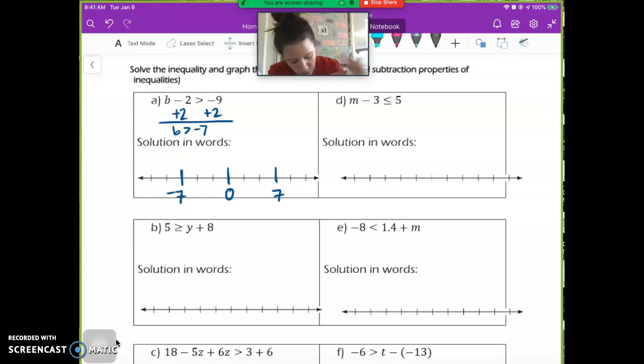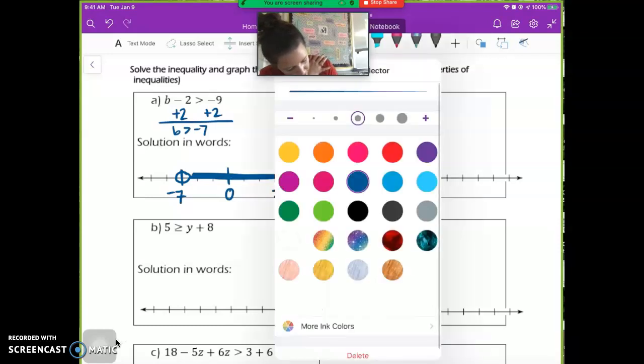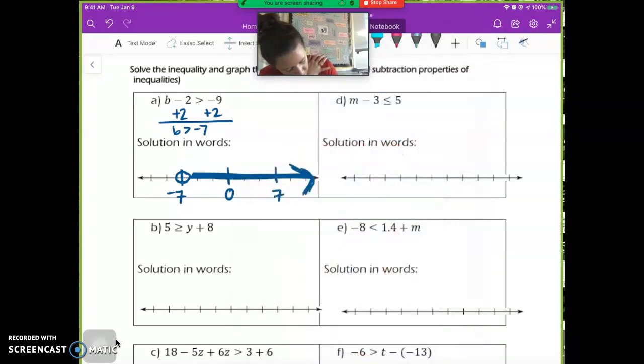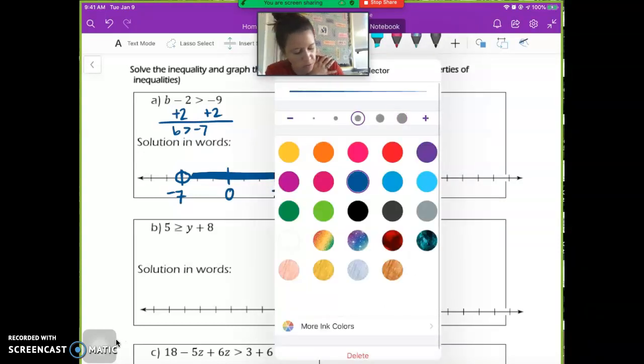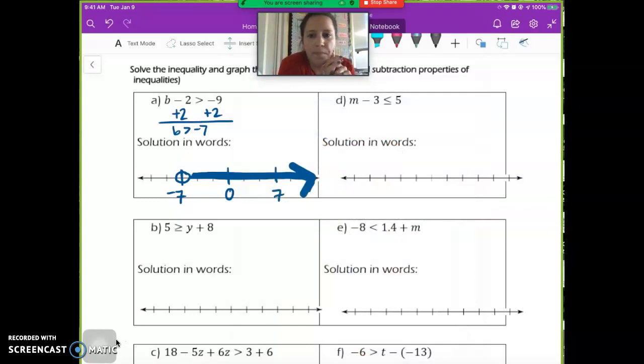So b is greater than negative 7, so that is an open dot at negative 7. And then you shade the values that are greater than negative 7. So negative 6, negative 5, negative 4, all those values are to the right. And make sure your line is thick. You also can go up to your pen and make it a thicker width. That's a cool trick with OneNote.